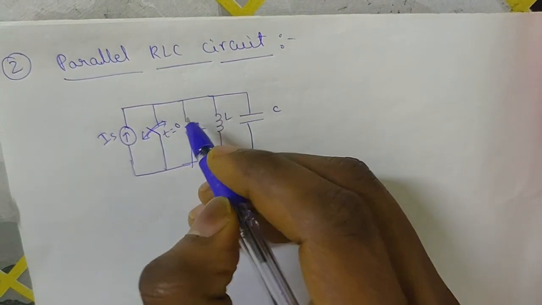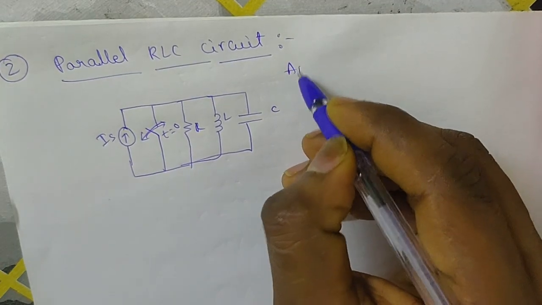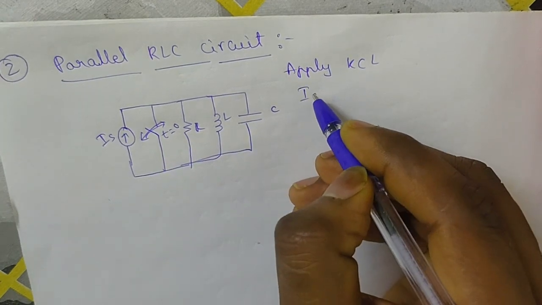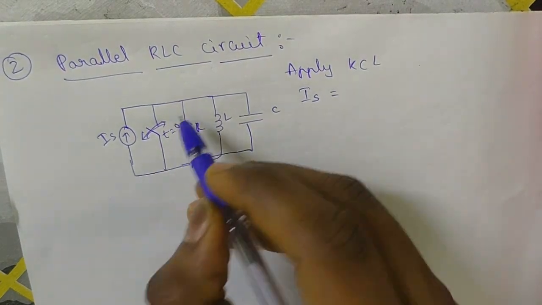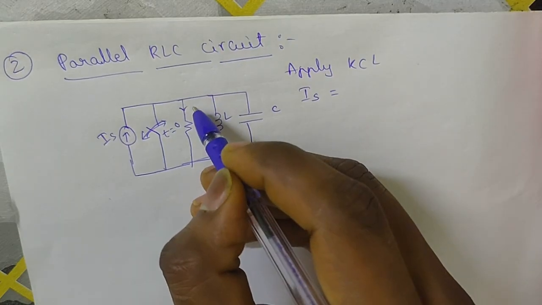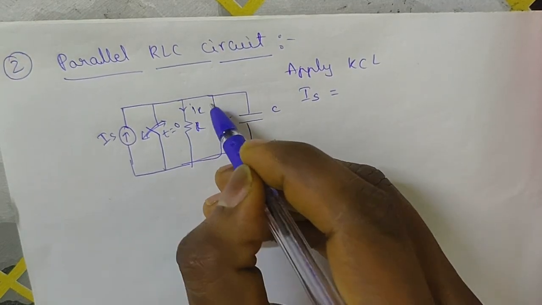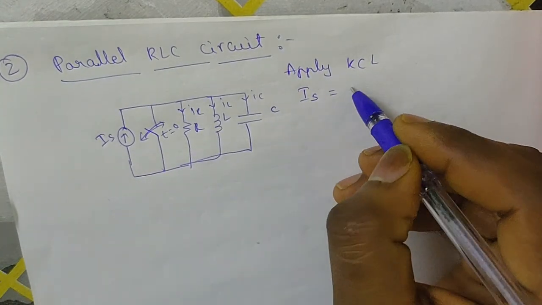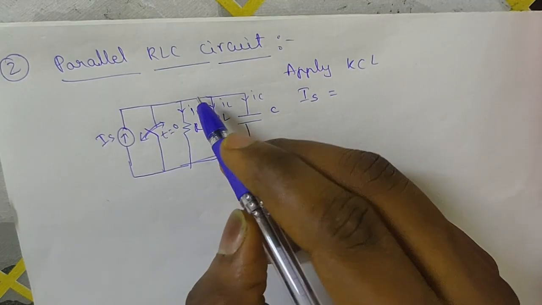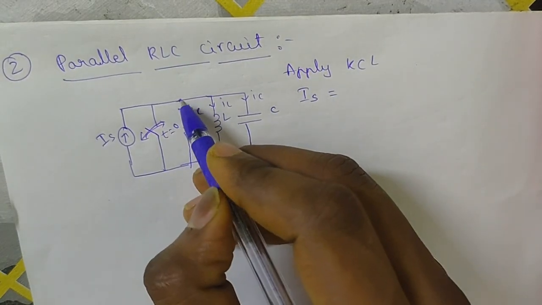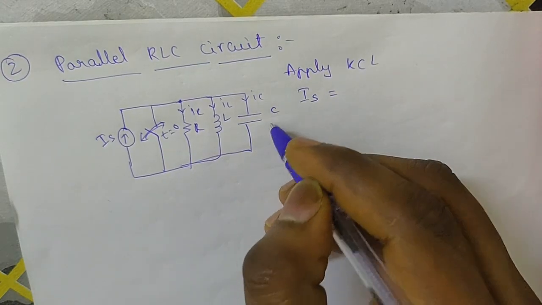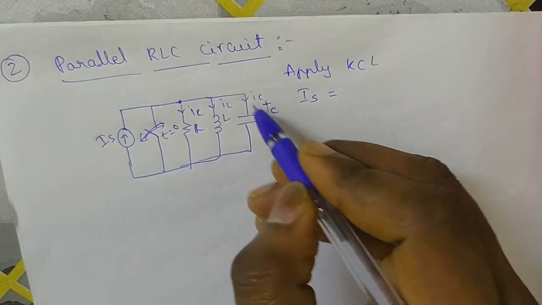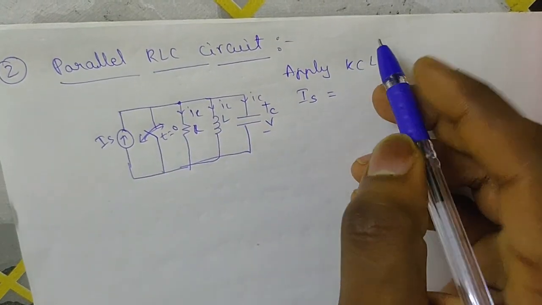For this we will write, applying KCL, total current IS is equal to the resistor current IR, inductor current IL and capacitor current IC. We can consider the capacitor voltage as V, so this V is applied across all the branches.